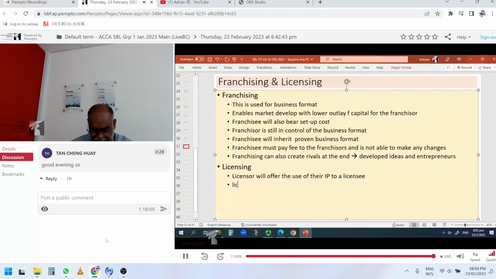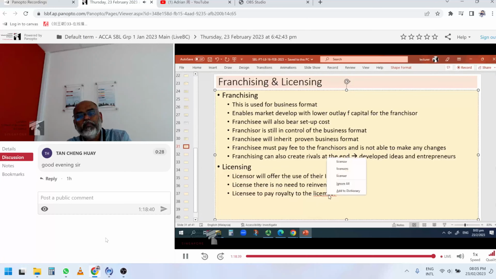So for the licensee, there is no need to reinvent the wheel again. The licensee pays royalties to the licensor. So with that, what we can do then is go and look for a question.